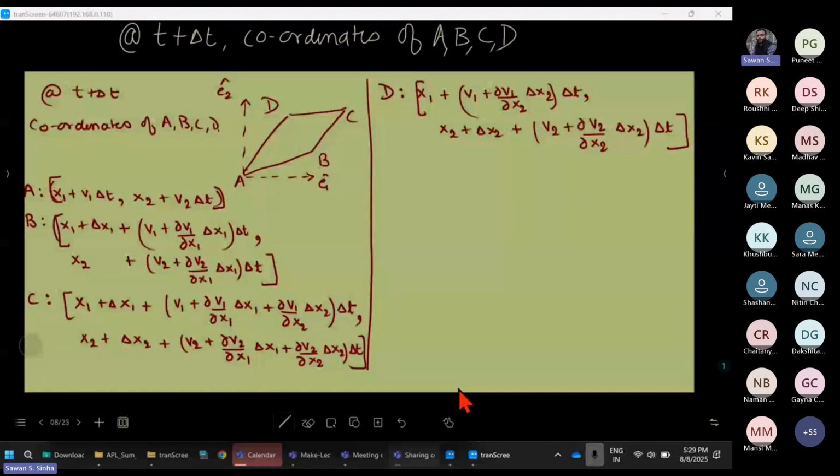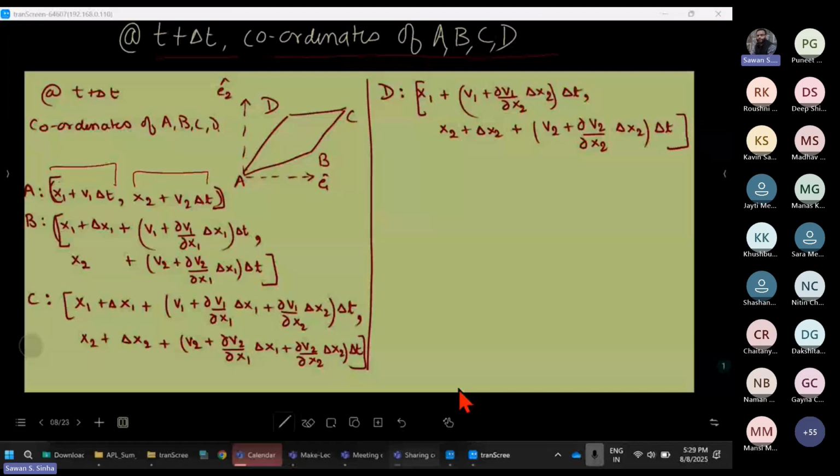That's what I have on this slide. At time t plus delta t, coordinates of fluid particles A, B, C, and D. Coordinates of A, x1 plus v1 delta t, x2 plus v2 delta t.